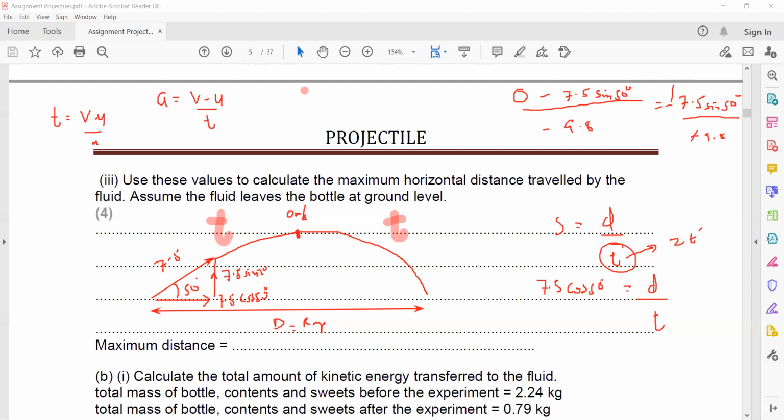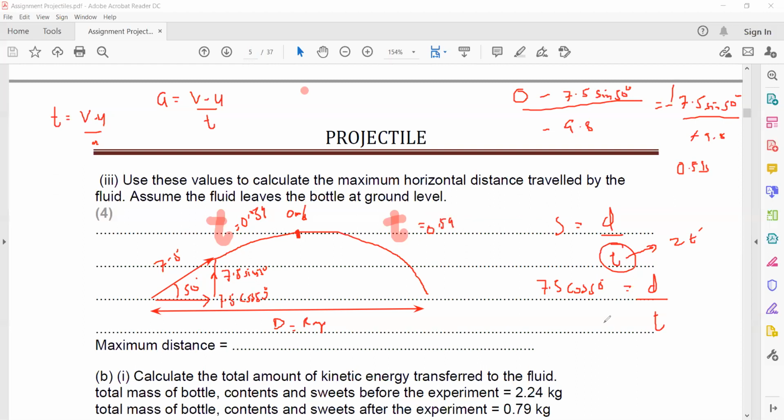It is 0.59. So it took 0.59 second to reach the maximum height. If it took 0.59 second to reach the maximum height, the same time it will take to reach the ground.